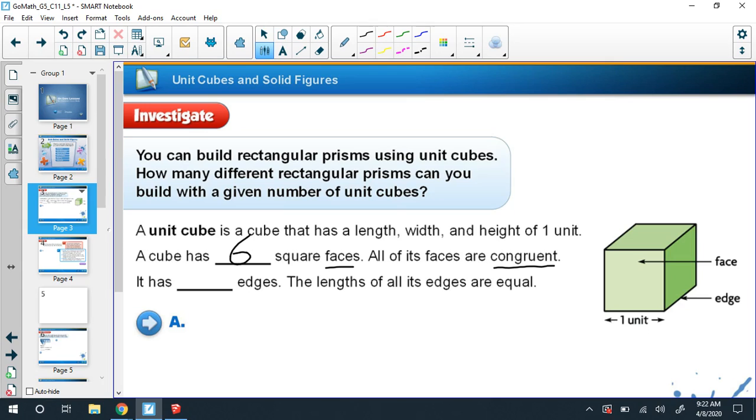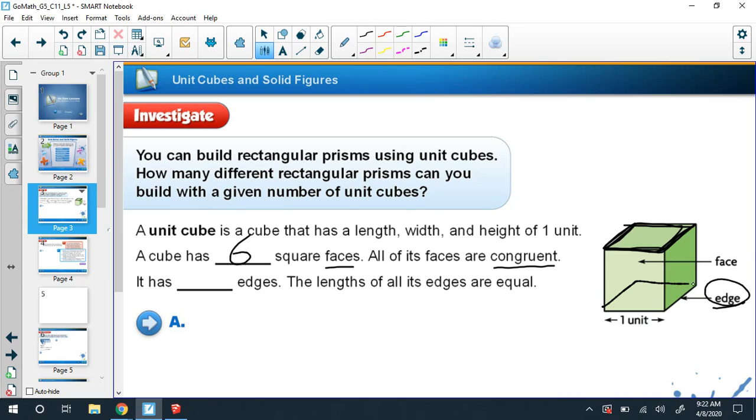Another component of rectangular prisms and three-dimensional shapes are these sides right here. Any place where two faces intersect, we get what is called an edge. If we take a look at a cube, the top has 1, 2, 3, 4 edges.